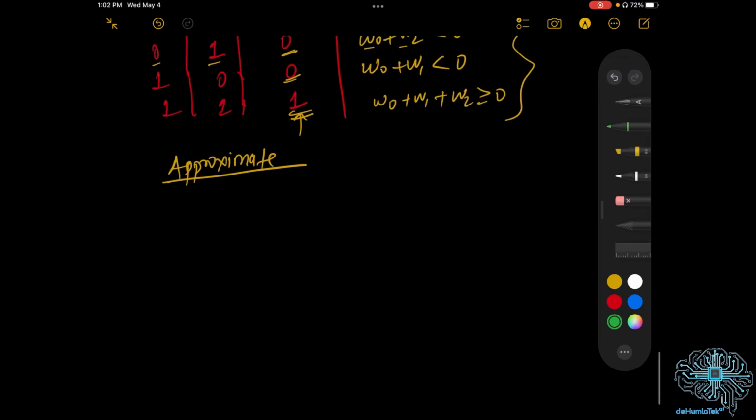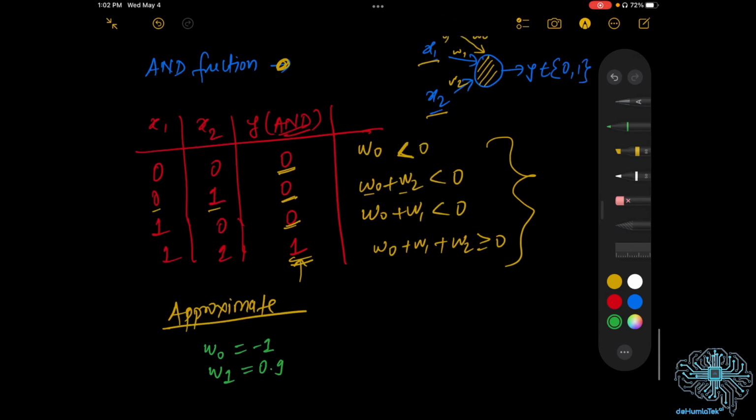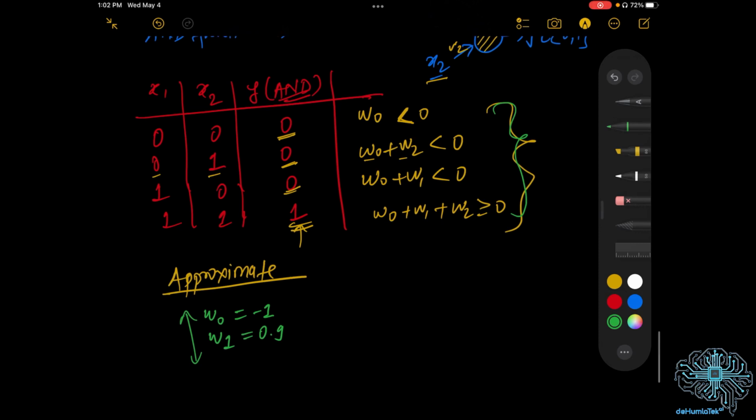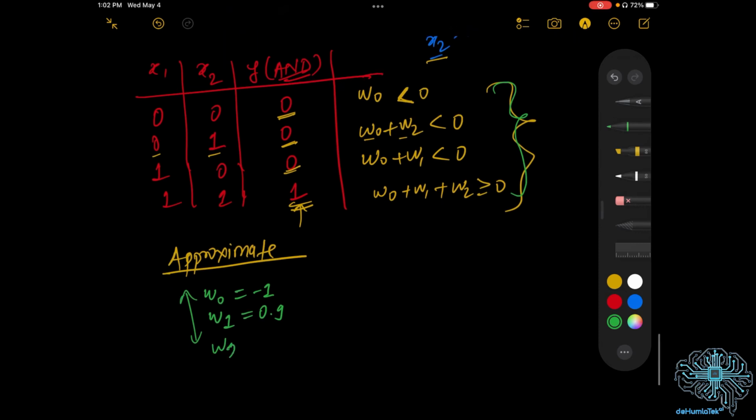Okay, so let's assume W0 equals -1. And I'm not approximating these values randomly, because I have already checked these constraints, and they are meeting them.